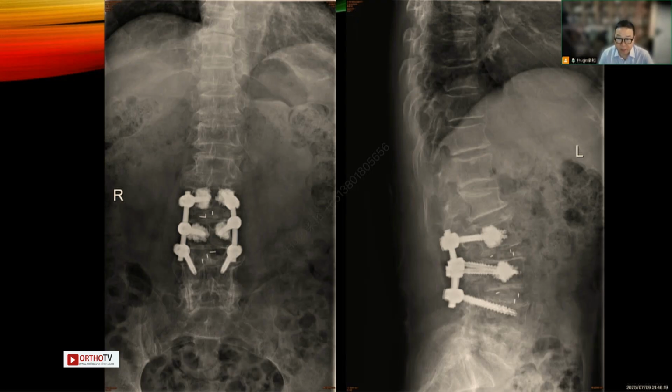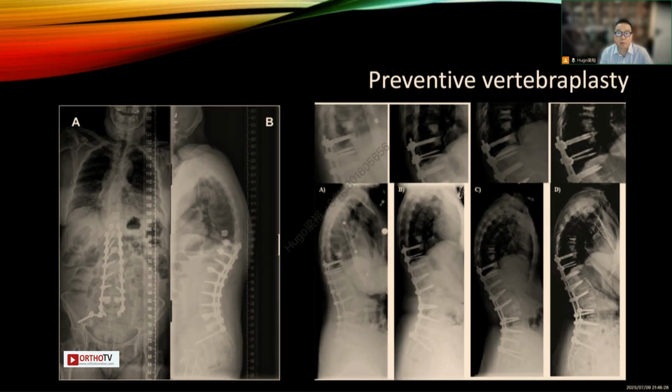Also fenestrated screws combined with vertebroplasty to increase the pull-out strength, and preventative vertebroplasty at the UIV, or even one segment above the UIV vertebra.